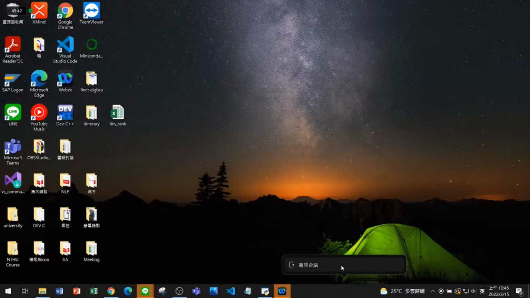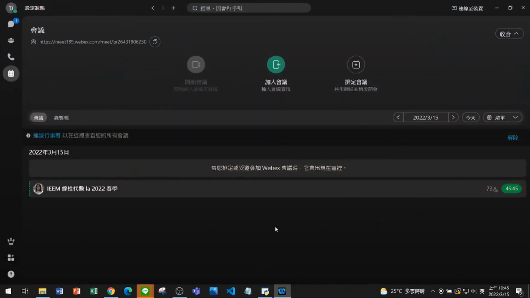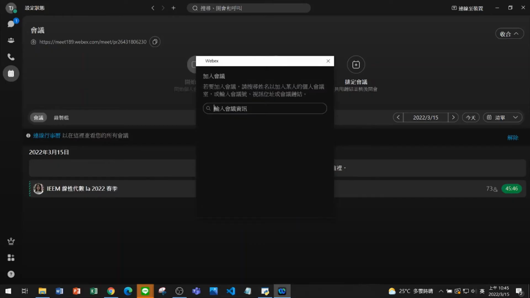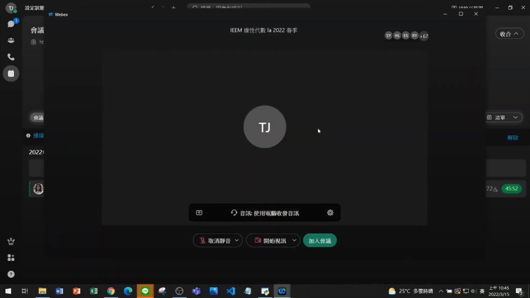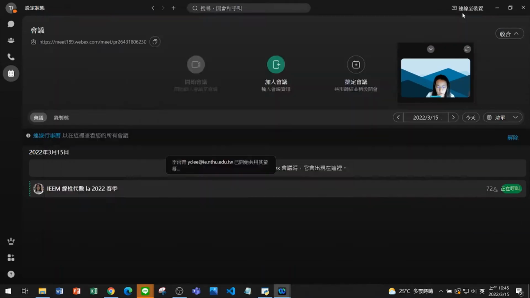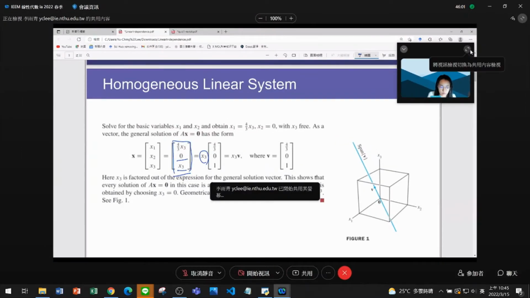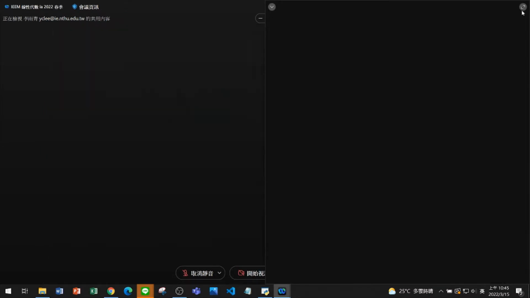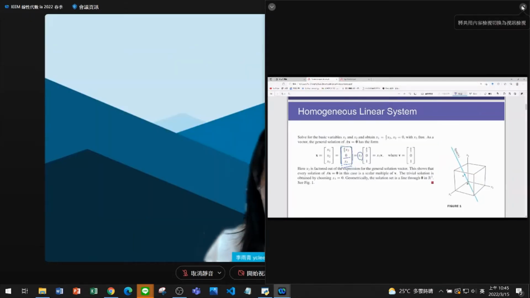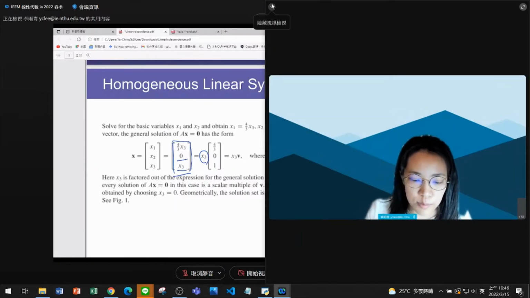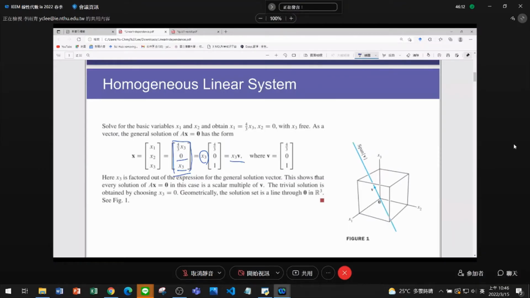Okay, I'll write the same in vector form, and then the remaining coefficients are kept inside this vector. 把剩下的数值留在向量之中。And then it becomes the format x3 times v, where v is this vector.